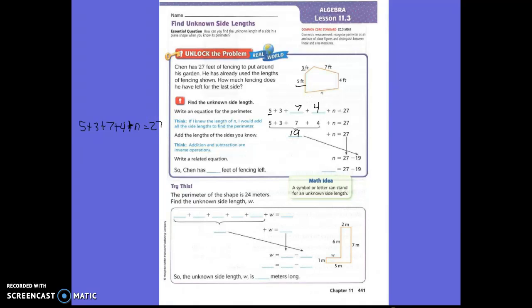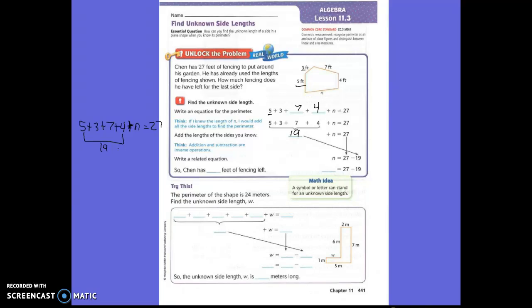Okay, we have all of our numbers. Now, we added the ones we did know, and we said that was 19, right? Okay, right now this is 19 plus n. But we need to figure out how to get the n by itself.